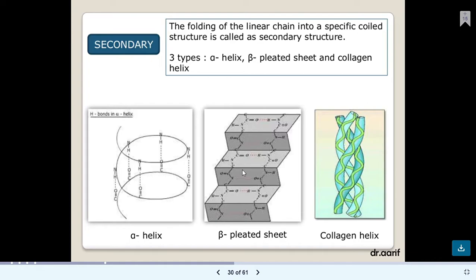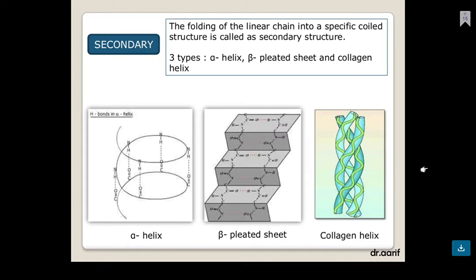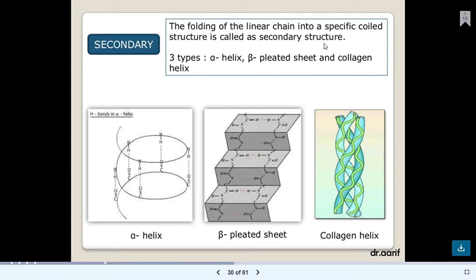When the primary structure folds into a specific structure, we call it the secondary structure. You have three types: the alpha helix, the beta pleated sheet, and the collagen helix.